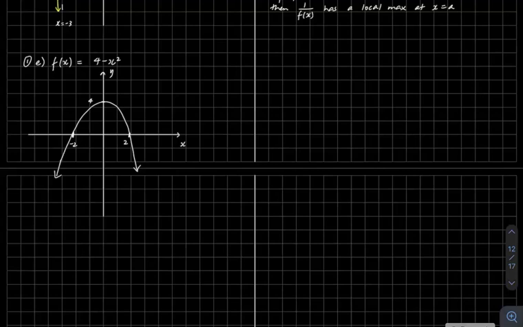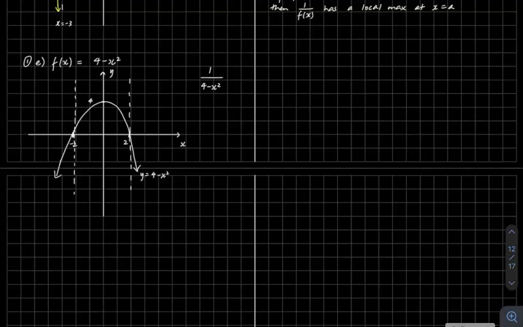So let's straight away say, if we're going to graph 1 over 4 minus x squared, so this here is the graph of y equals 4 take x squared. Well, first of all, we're going to need vertical asymptotes at these. Where the original function had zeros, the reciprocal is going to be undefined, so there'll be vertical asymptotes.